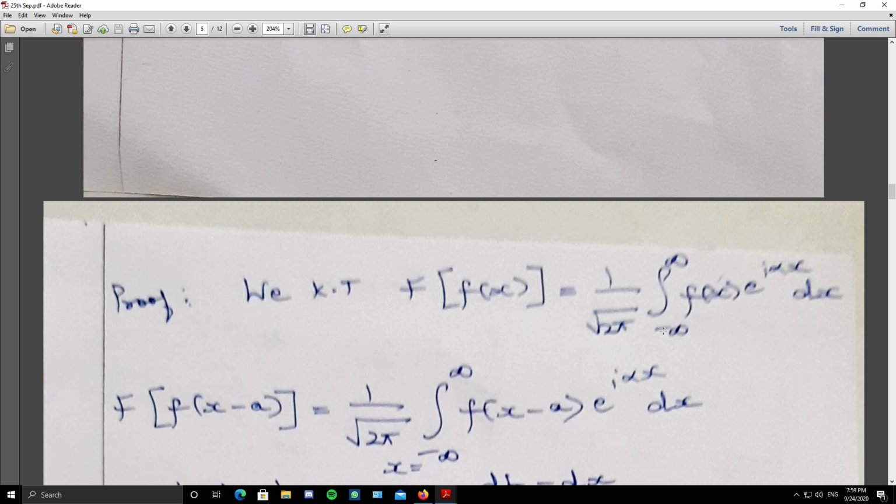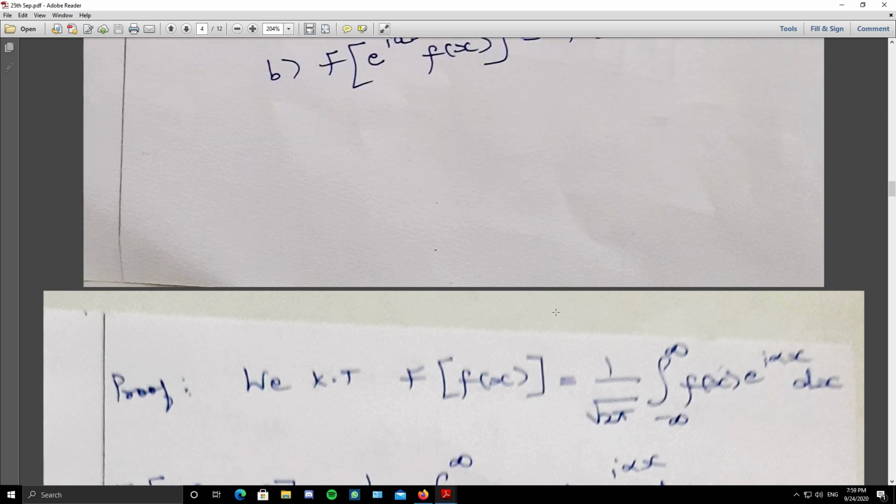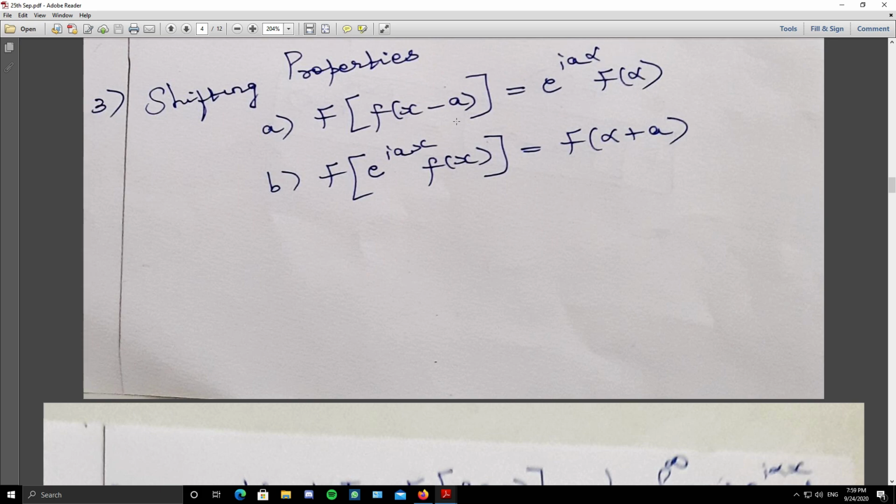So start with the definition. Whatever be the thing, whether it is a theorem or a problem or a property, start with the definition of Fourier transform. F of alpha is 1 by root of 2 pi integral minus infinity to infinity f of x e power i alpha x dx. So now what is asked? What is the first one? F of f(x minus a).